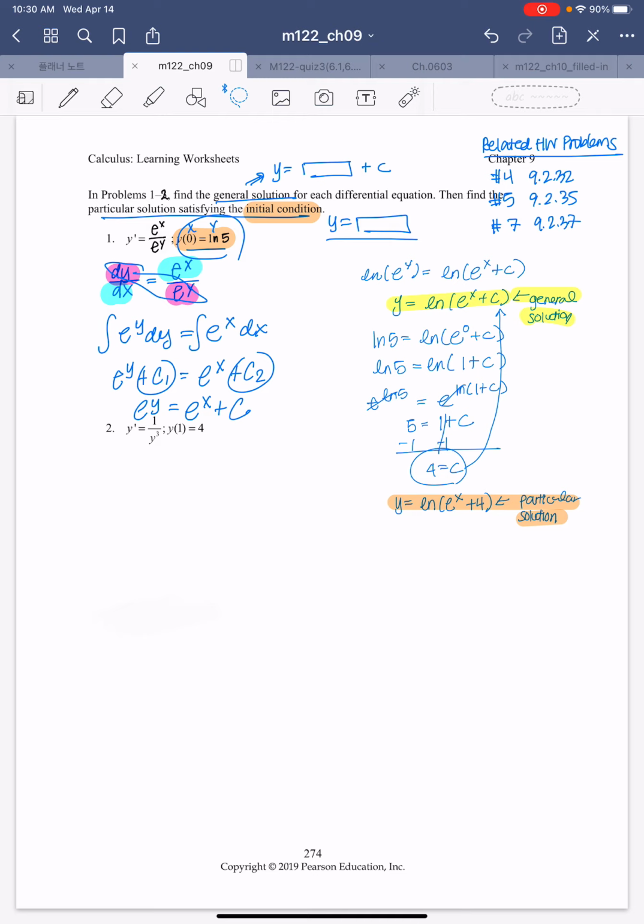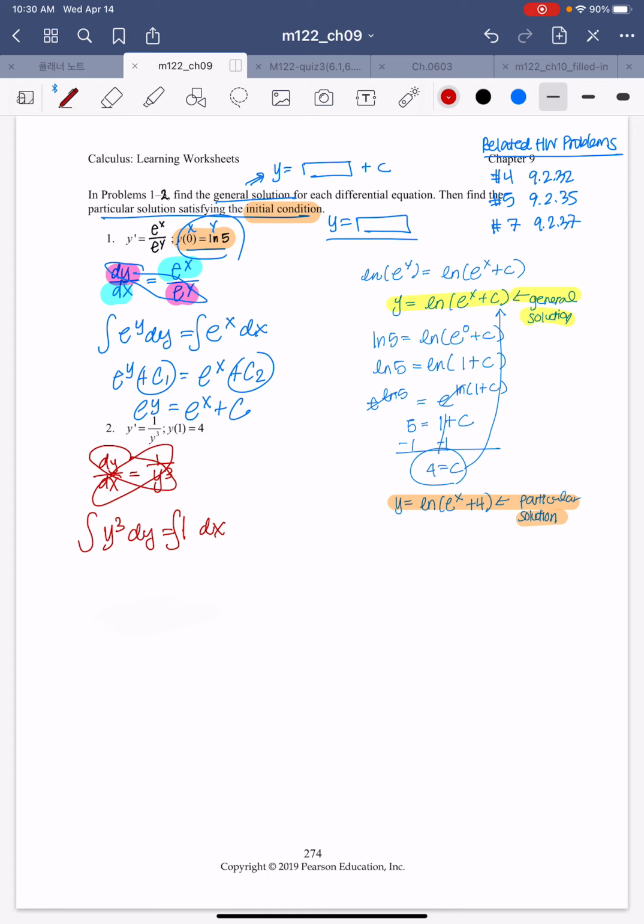Number 2, again, the y prime is also dy dx. So write it out this way, 1 over y cubed. So let's separate the variables. So I have y cubed dy is equal to 1 dx. I have all the y terms on one side and the other on the other side. Let's apply the integral to get rid of dy and dx.